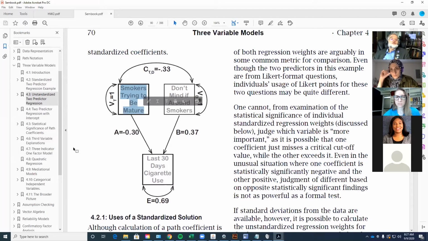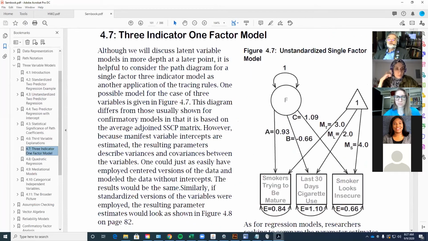Contrast that with the 3-indicator factor model, where I am now estimating an error term for all of the variables. In that respect, conclusions about this model are not liable to the criticism that, well, actually this variable isn't that reliable.